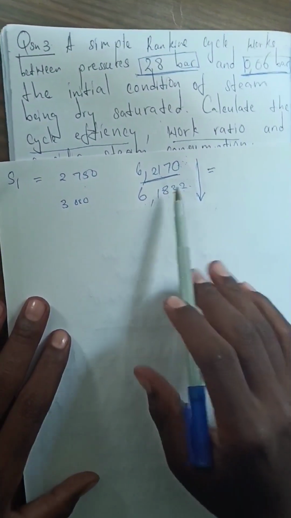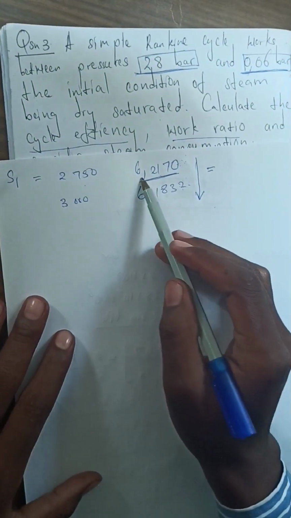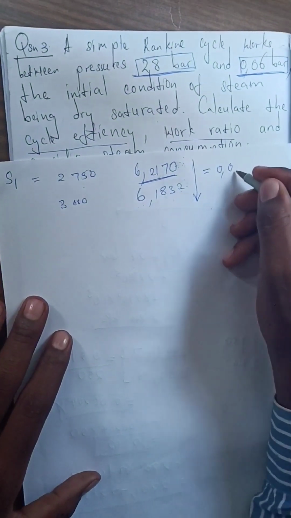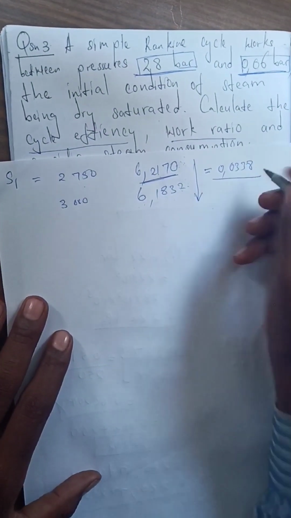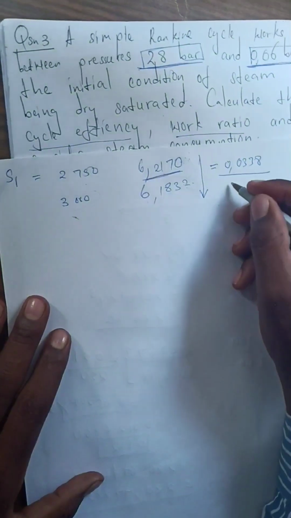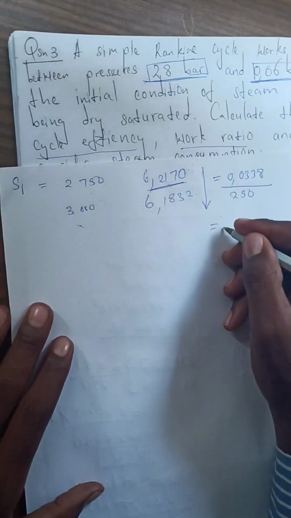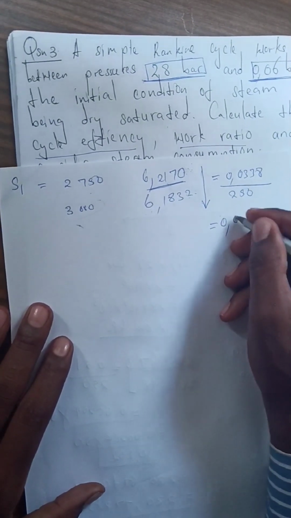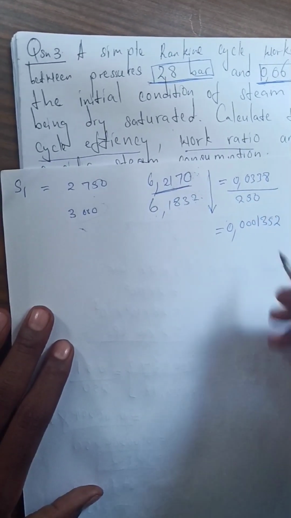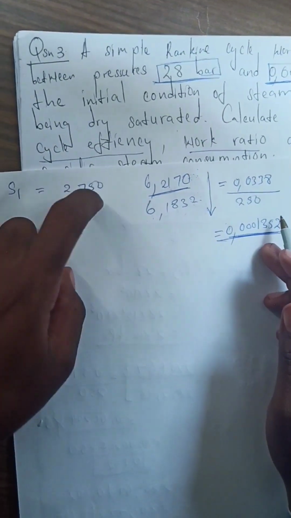So now we have to subtract here. If we subtract this 6.2 by this, we are going to get 0.0338. Then we are going to do the same. We are going to subtract this 2,750 from 3,000. Then we are going to get 250. Then if we divide there, we are going to get 0.0001352. This one is the value of each gradual here.